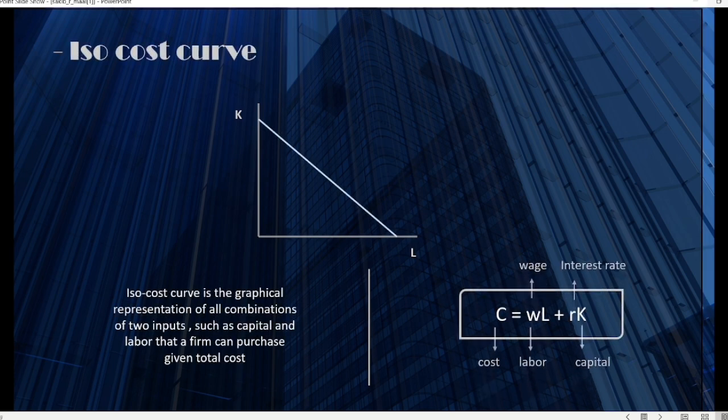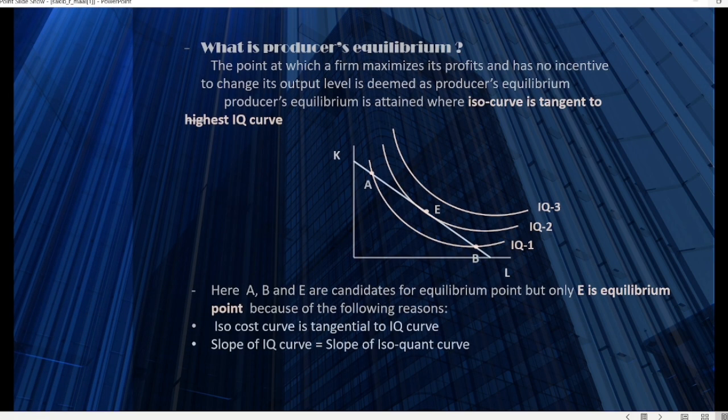It shows the combination of inputs a firm can buy with its budget. And then we have producer's equilibrium, which happens at the tangency of isoquant and isocost, ensuring maximum output at the minimum cost. Understanding this concept helps us see how businesses make rational decisions about resource allocation.